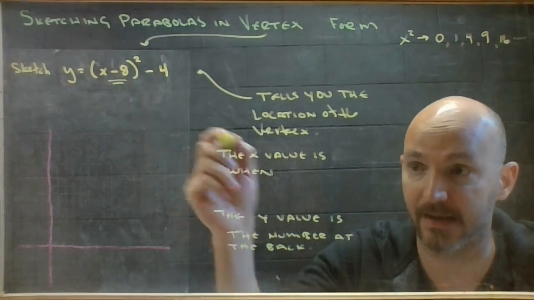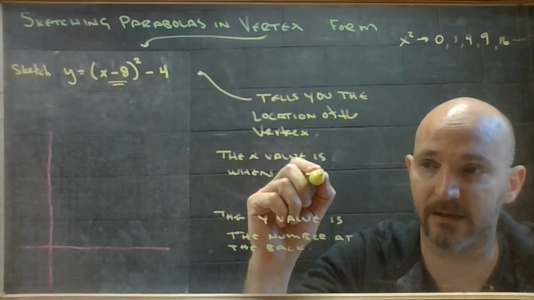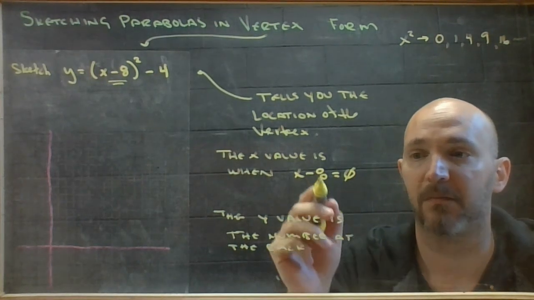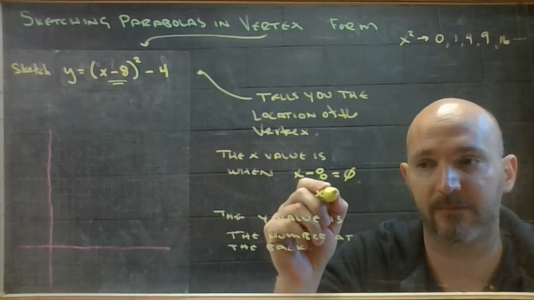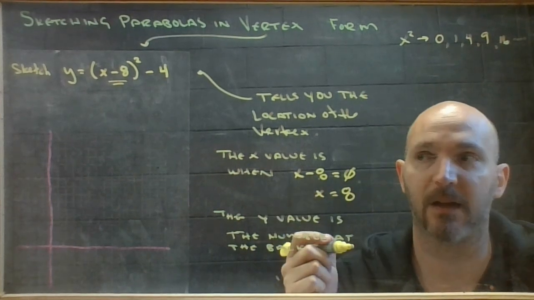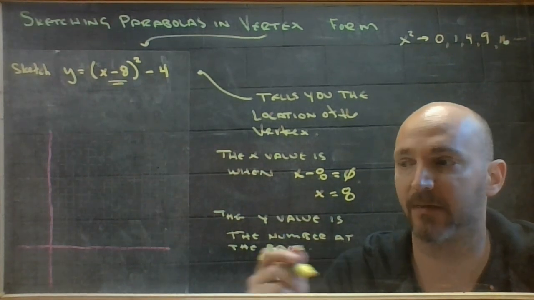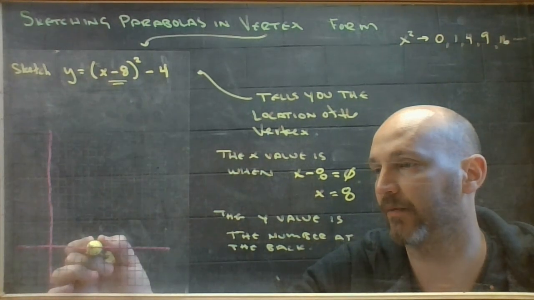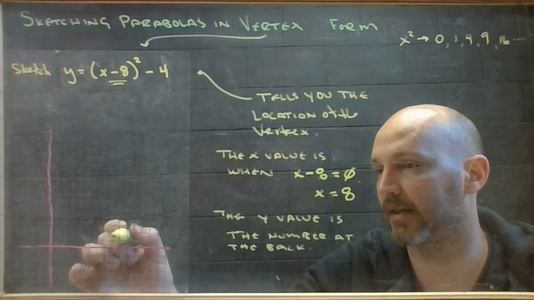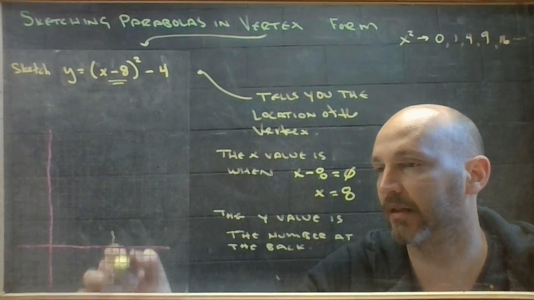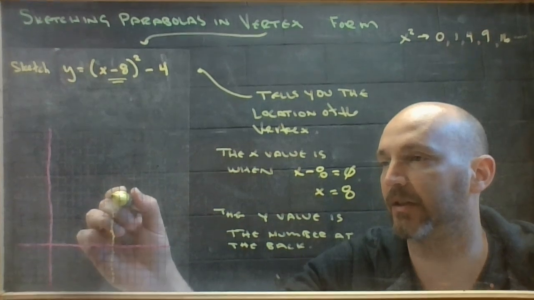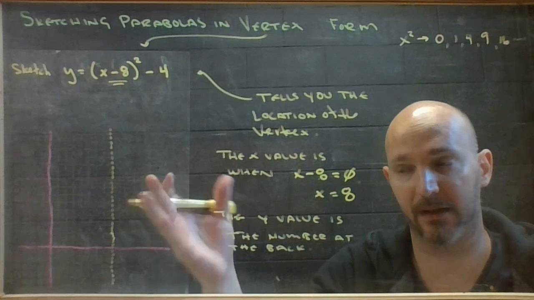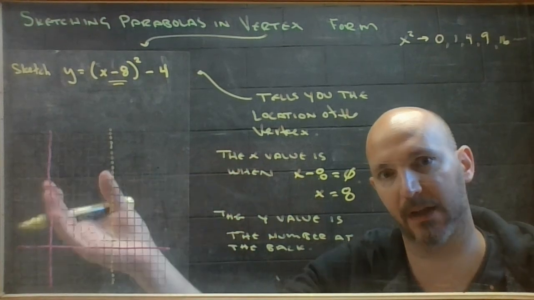So in this example, it's when x minus 8 is 0. Kick that 8 over there. My vertex happens when x is 8. So I'm going to count to 8 on the x-axis. 1, 2, 3, 4, 5, 6, 7, 8, and dash in the yellow line. That will be my axis of symmetry, or the center of the parabola, right? The thing that it's the same on the left as and the right.